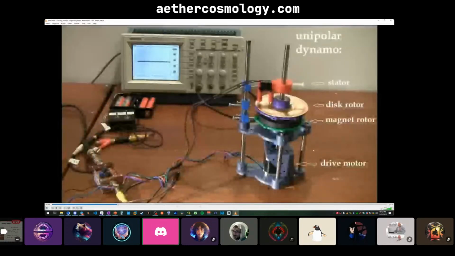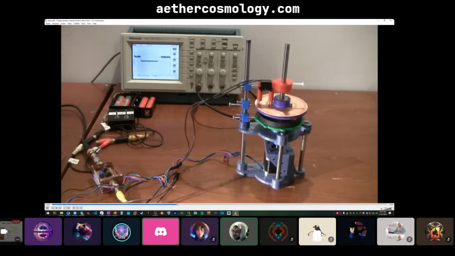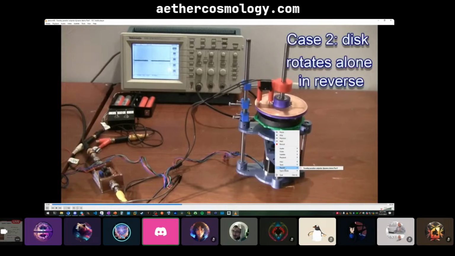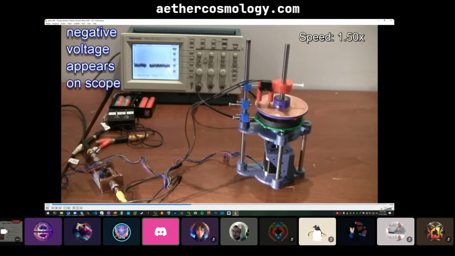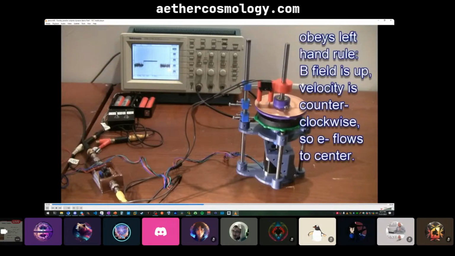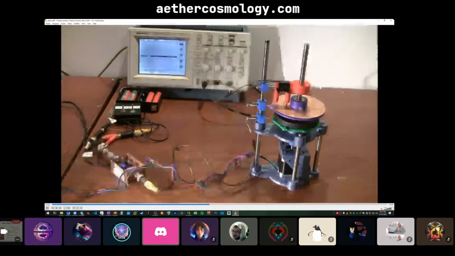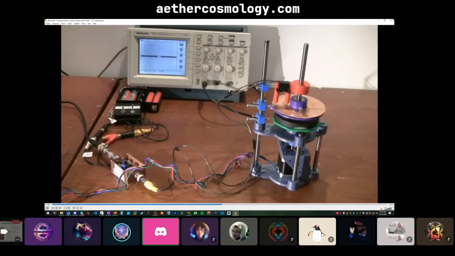Now, the bottom line to all of this, there's the full setup. If you do all of the different combinations of disk moving and conductor moving and magnet not, and vice versa, and so on, what you find is that there are two violations of the law of relativity. Faraday's law says that the voltage will be produced if there's a relative motion between the conductor and the magnet, right?